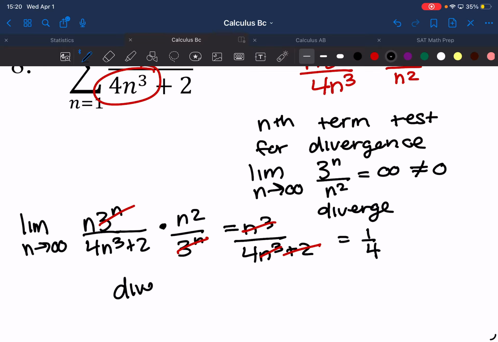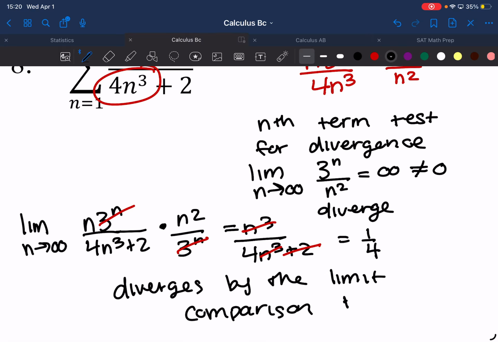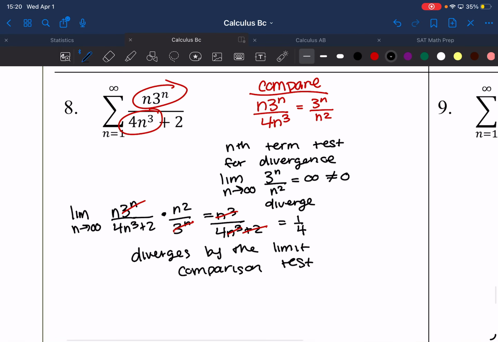So it diverges by the limit comparison test. This one was unlike the other ones. We could not automatically just assume p-series and had to use another test to see if it converges or diverges. Any questions so far?